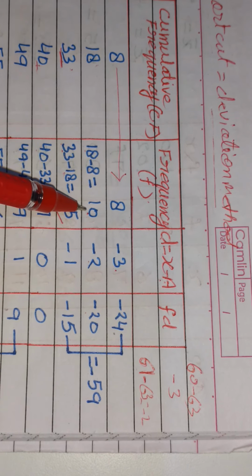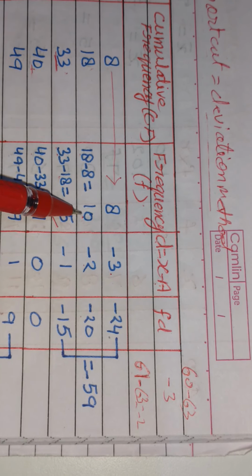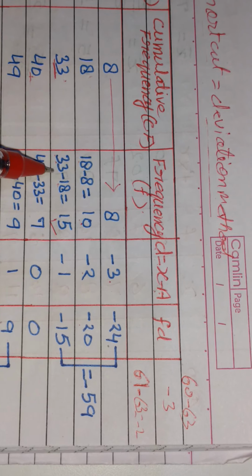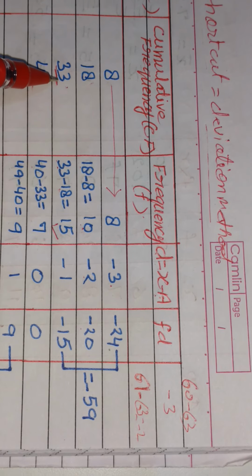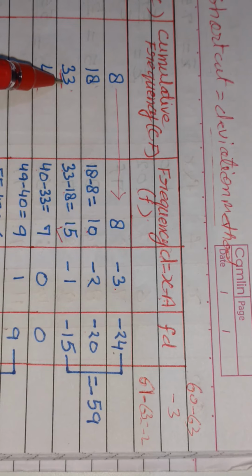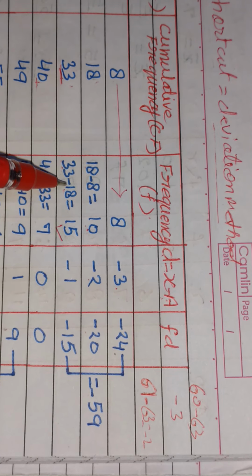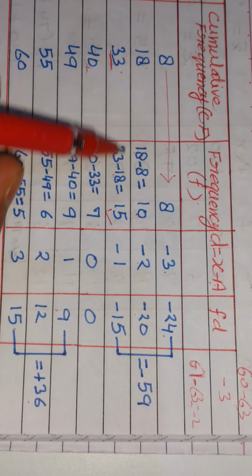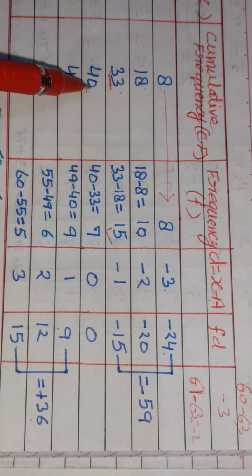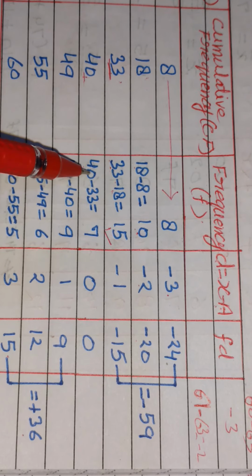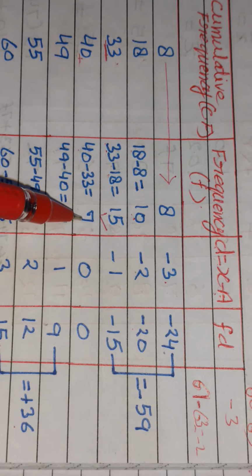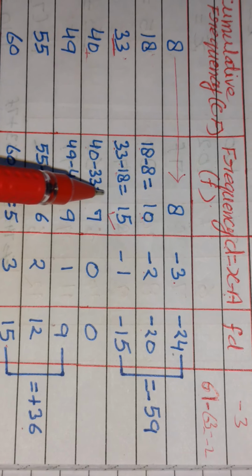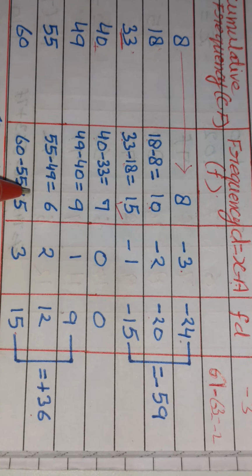This is the frequency of the second class we got. Similarly, we will find the frequency of the third class. Same method we follow. First we write this number 33 minus this number 18, and similarly 40 minus 33 is 7. This way we will get the values of frequency.